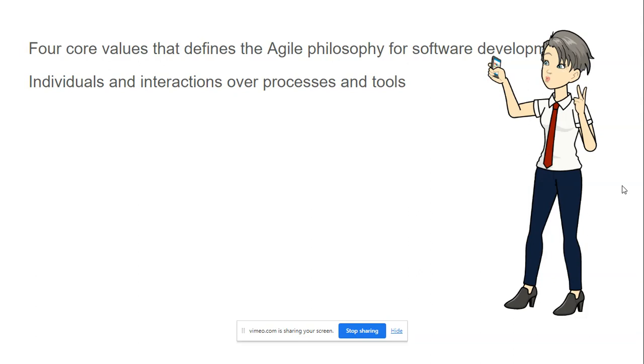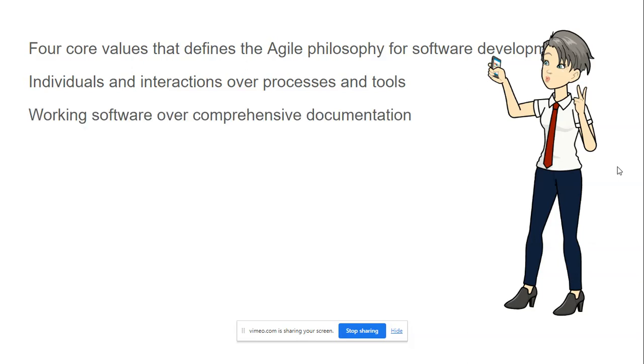Individuals and interactions, she put down first, more than the processes and tools. So I get the right individuals, and the right communication and collaboration within the system, even much more than the process and the tools, though they are important. Betty stressed that these people and their collaboration and interaction matter more than every other tool you can have, but nevertheless, the tools are important.